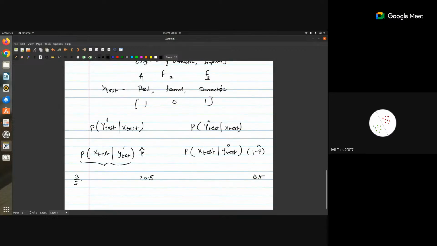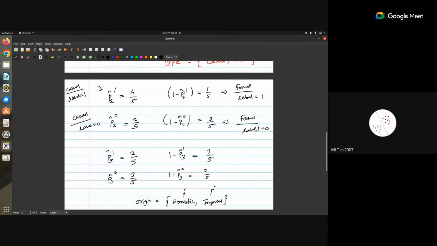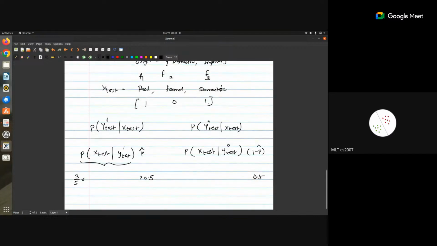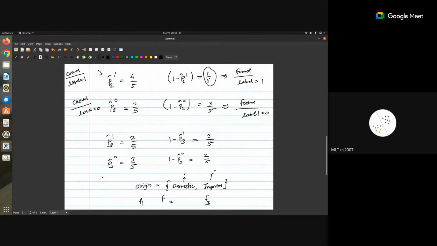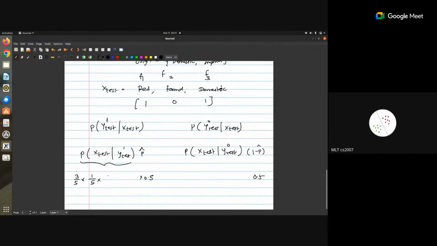So I'll say 3 by 5 into, for formal, 1 by 5, where formal and the label is 1. This probability is 1 by 5. Into, for domestic given that the label is 1, this probability is 2 by 5.